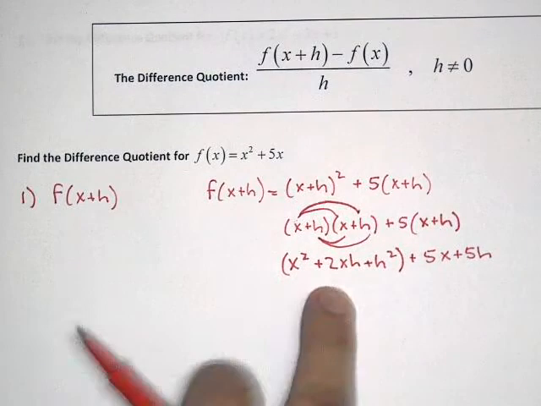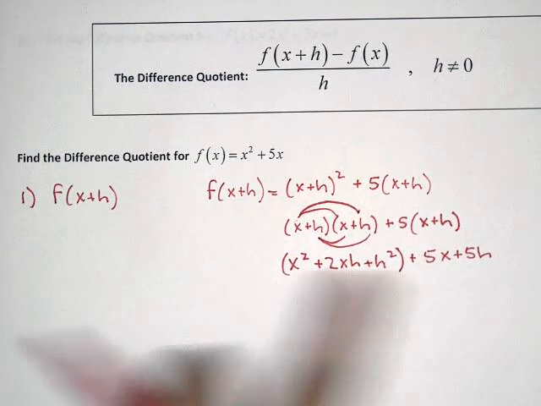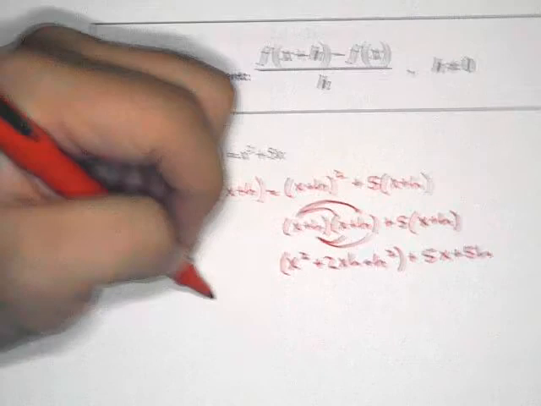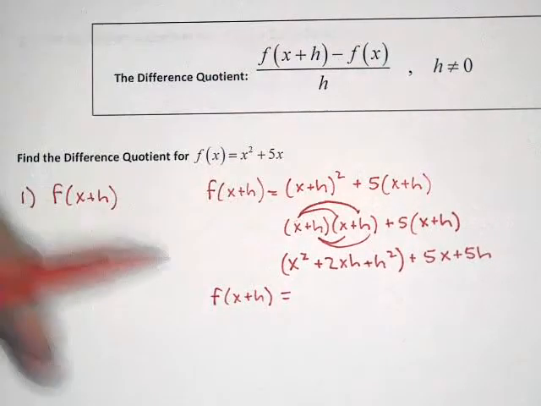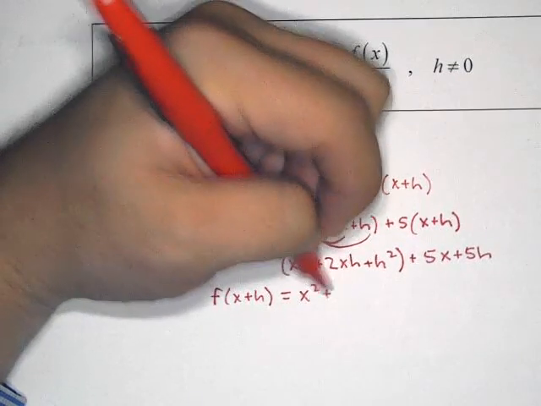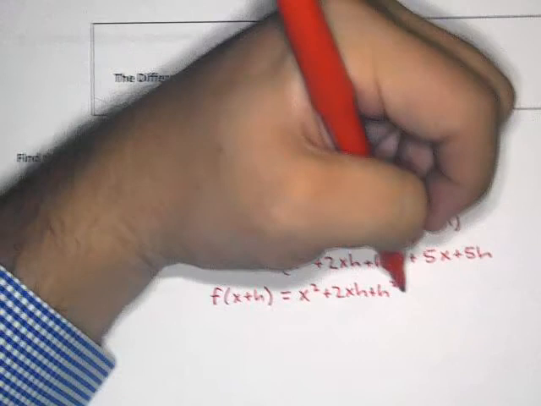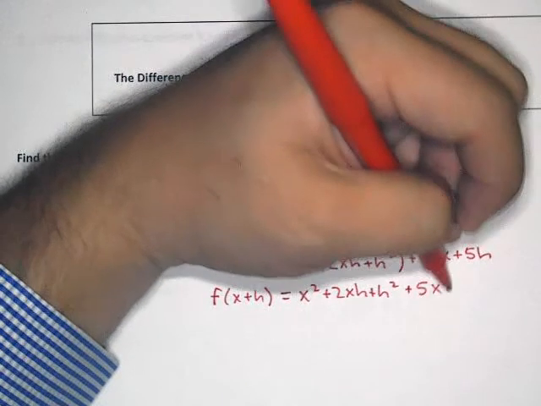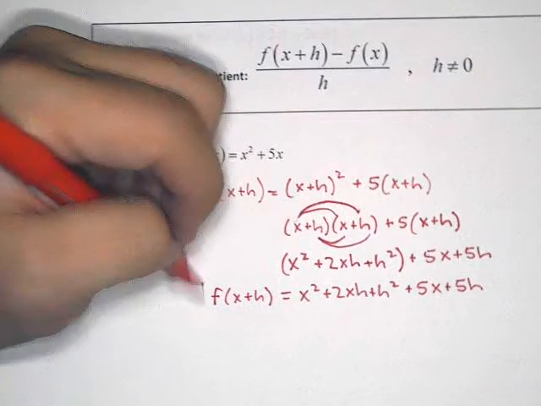Really, there's an x squared, and I don't see any other x squareds, so nothing's really going to clean up here. So for right now, f of x plus h is x squared plus 2xh plus h squared plus 5x plus 5h.